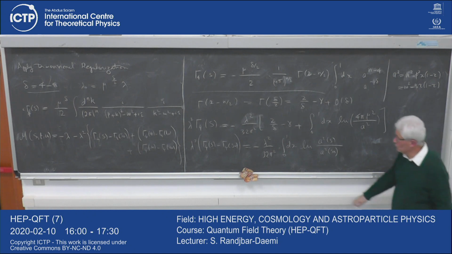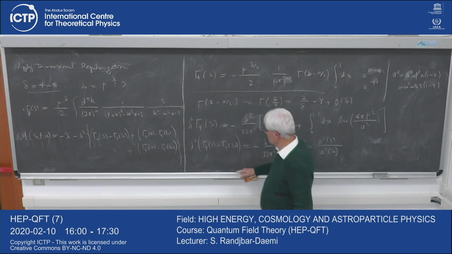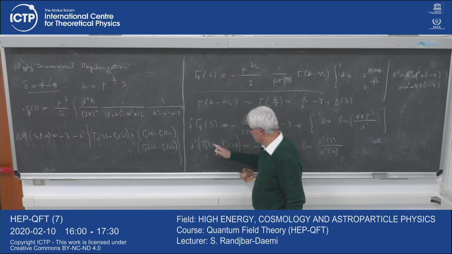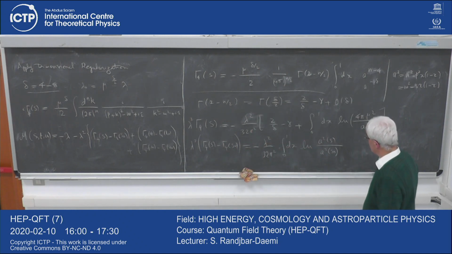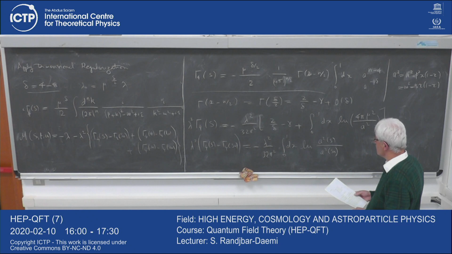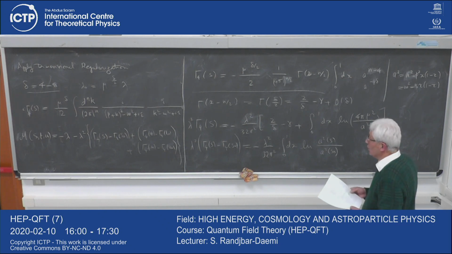See, I have put this overall factor in common. This comes with positive sign, this comes with negative sign. For that reason, that's what you eventually get, if not upside down. I hope these signs are correct.